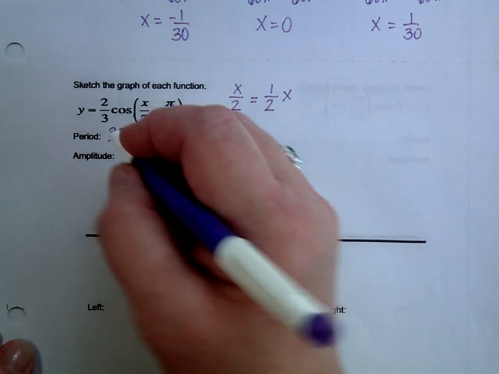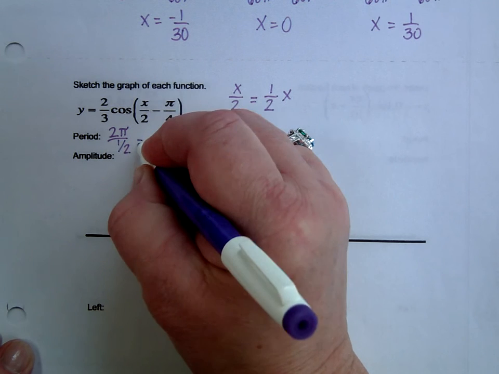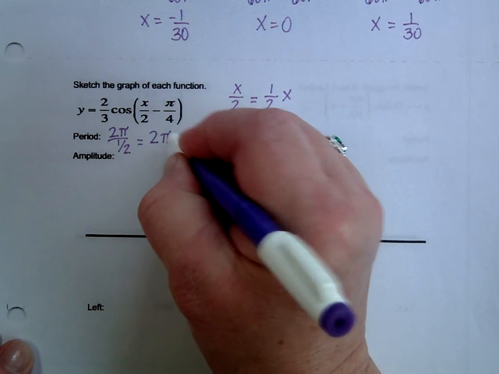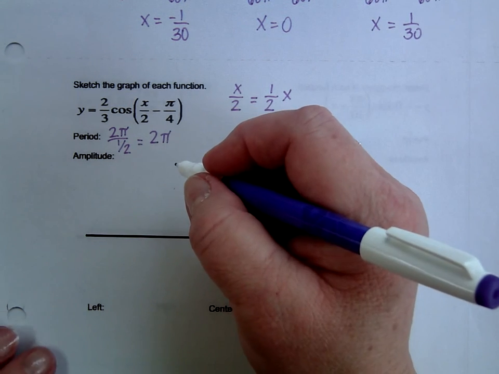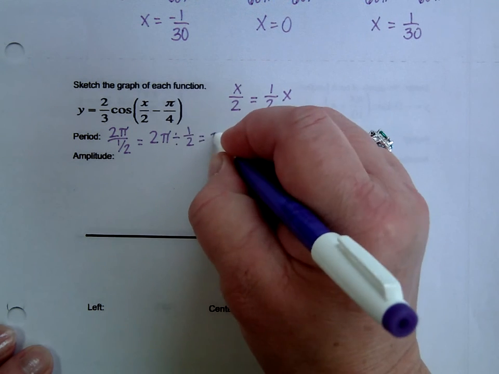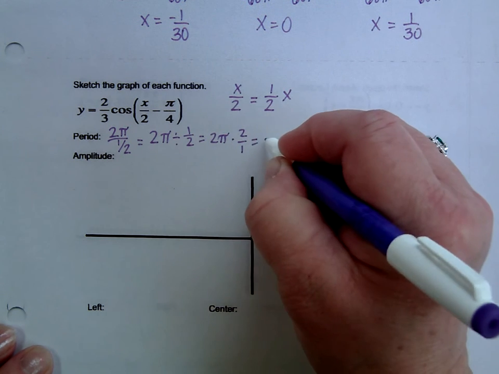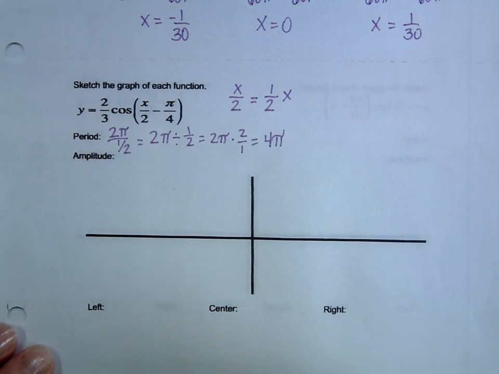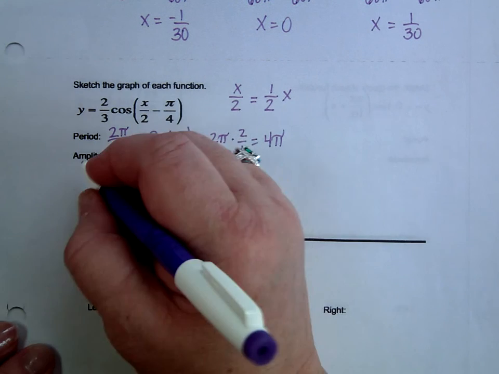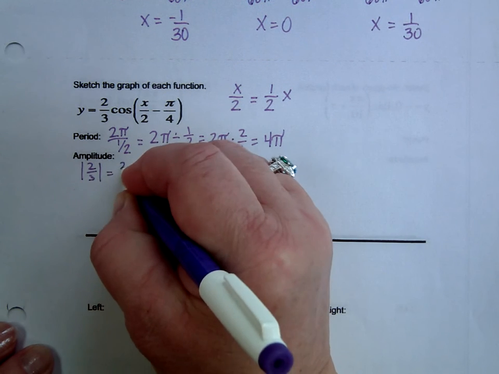So 2 pi divided by b, 1/2, makes me go horizontal. We saw that the other day in some of the problems that we did. So 2 pi divided by 1/2, keep change flip, 2 pi times 2 over 1 gives me a 4 pi as my period. The amplitude is the absolute value of what's in front. The absolute value of 2/3 is 2/3.